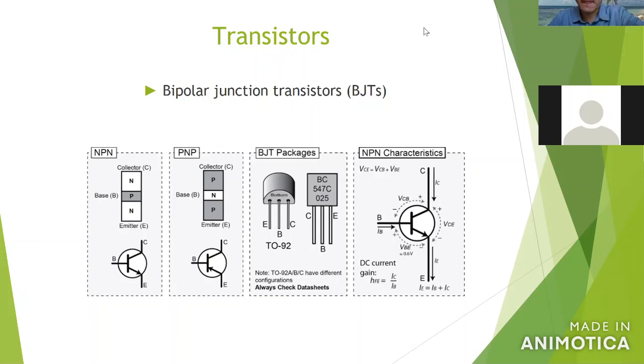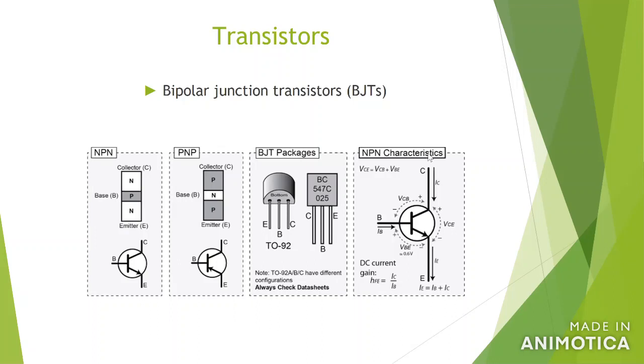Here we have the picture of a transistor. You have 3 legs, E, B, C, so EBC. B means the base leg, C means collector, and E means emitter.